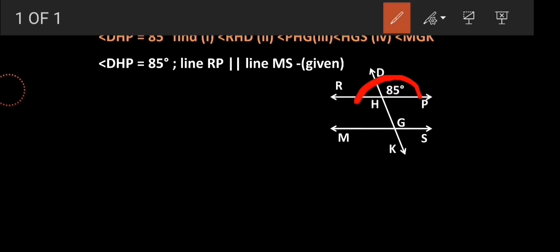We can say RHD and DHP are a linear pair, and when they become a linear pair, believe it or not, you can solve the answer easily. You just have to subtract that 85 from 180, and whatever the answer is, that will be RHD. But while writing it, we have to mention it thoroughly with proper steps.